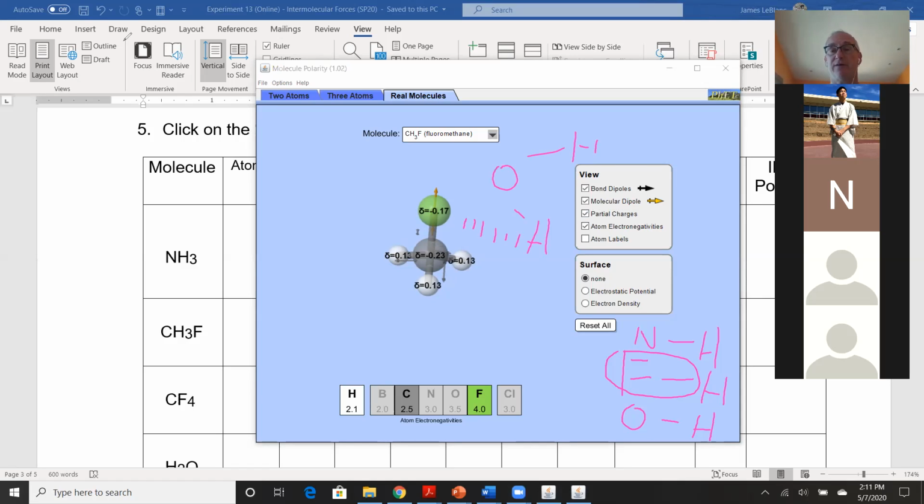But even then, it's not going to be as strong, because you can see that the partial negative charge on the fluorine isn't all that great either. So if it did hydrogen bond, it'd be pretty weak. So this can't form hydrogen bonds by itself, and we can't put hydrogen bonds as a potential.